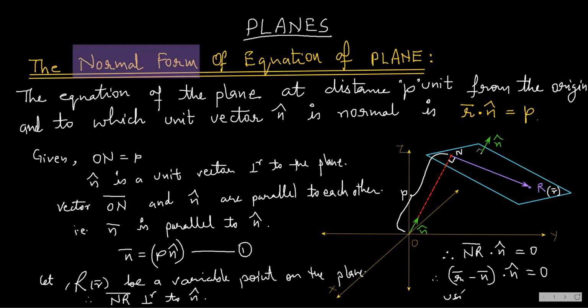So using 1, we get r bar minus p n cap dot n cap equals 0. Therefore, you will have r bar dot n cap minus p n cap dot n cap equals 0.